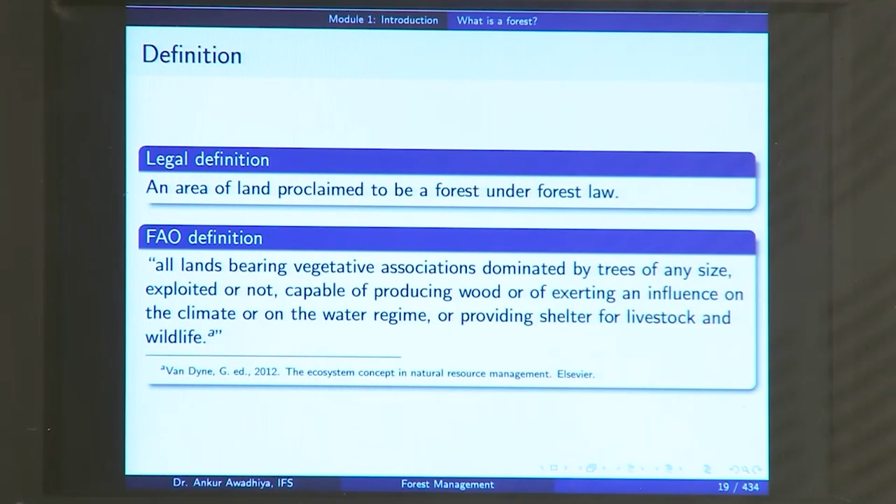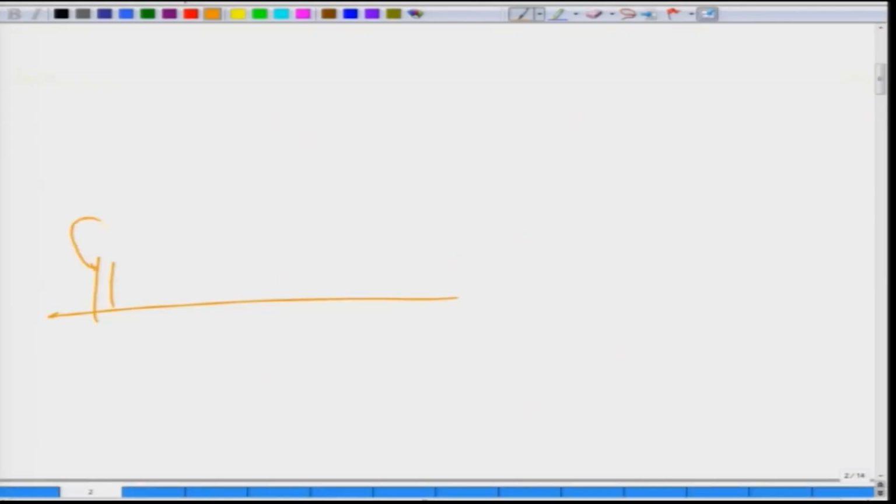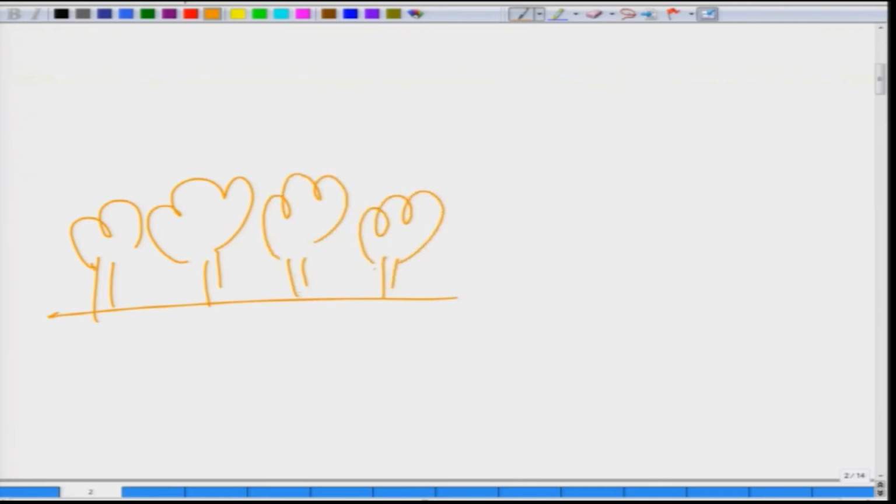So, even if you have an area that has trees, and you have defined it as an ecotourism site, you have not defined this area as a forest, and you are using it only for ecotourism.